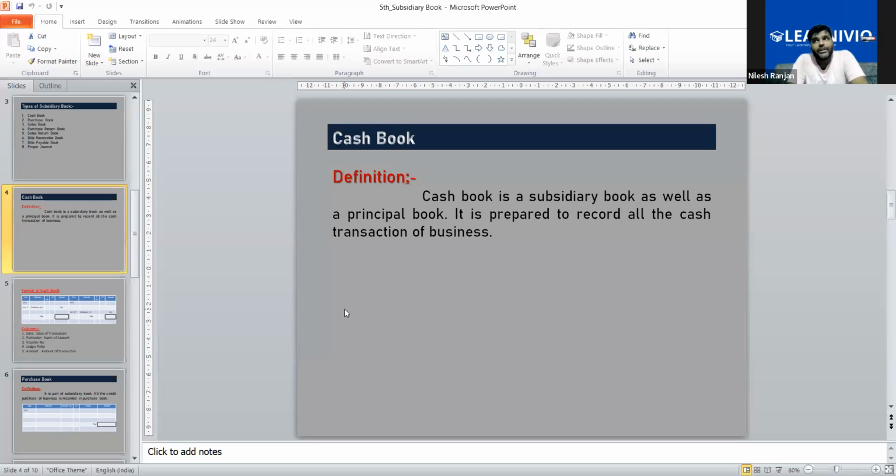Whenever we prepare the cash book, we don't have to prepare the cash account in the ledger. If we are doing subdivision and preparing the cash book in the journal, then we don't have to prepare the cash account in the ledger, because the cash book is used as a replacement of the cash account. So this is our definition of the cash book.